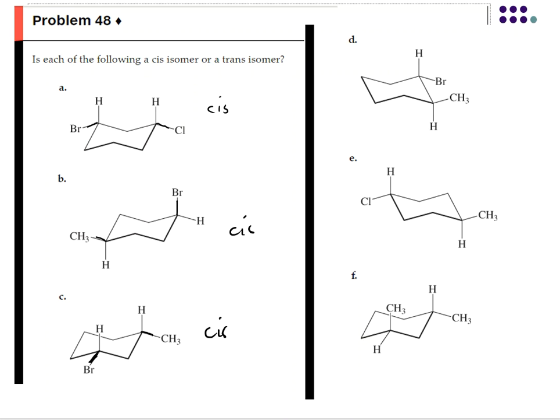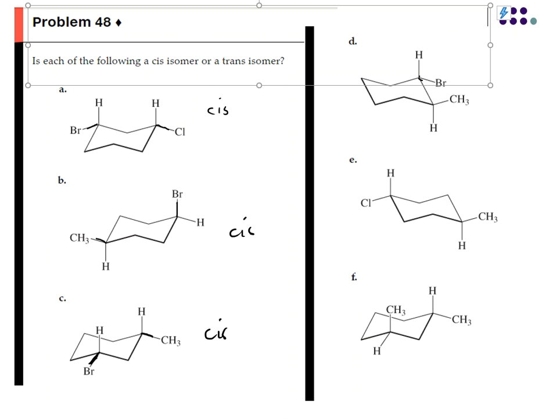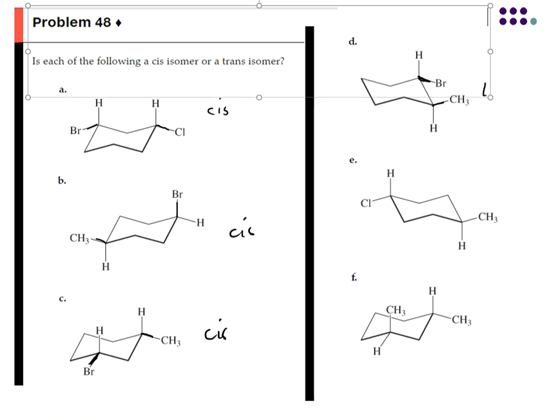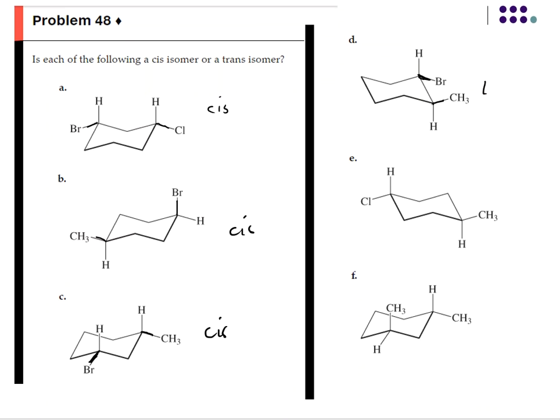Next one, D. I have this bromine group. This bromine is slightly pointed down. I can see that there. And then here, this methyl group is slightly pointed up. All right, so these are opposite directions now, right? Slightly down, slightly up. So this would be the trans orientation. For part E, my chlorine is slightly down, and this methyl group is slightly up.